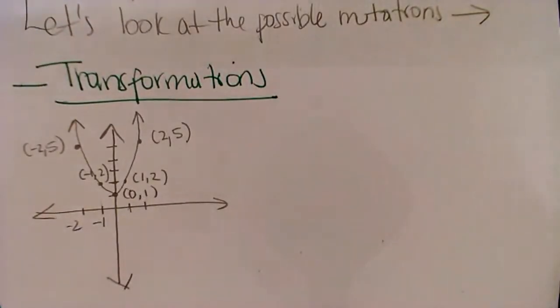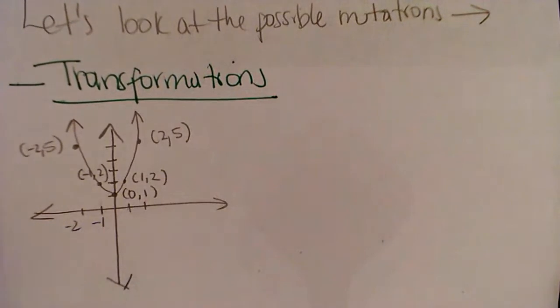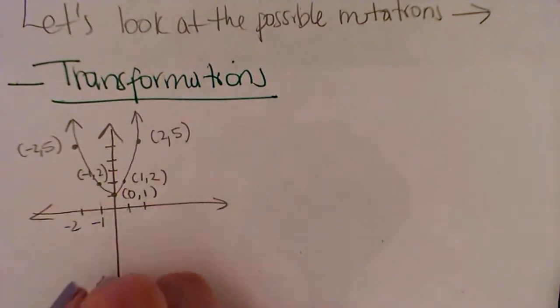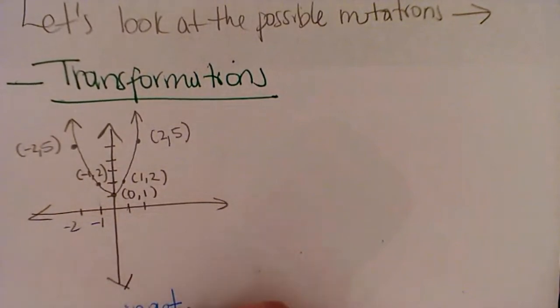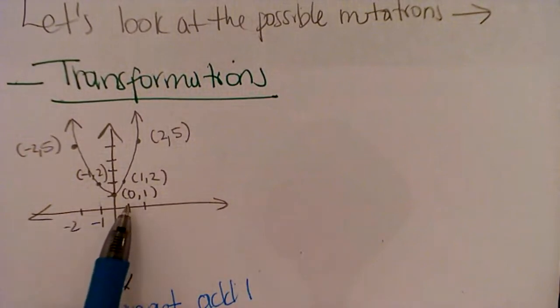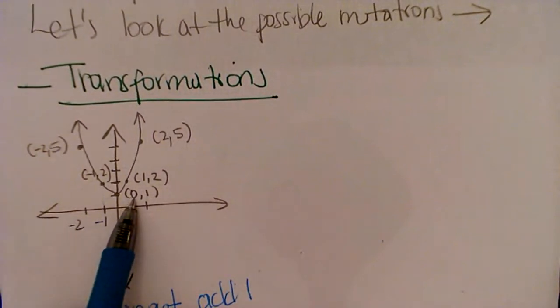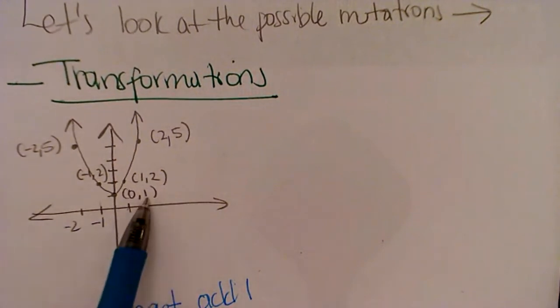All right, so we're going to square the input and we are adding 1. Square the input, which is 0, it's going to be 0, and we're going to be adding 1, the result is 1.